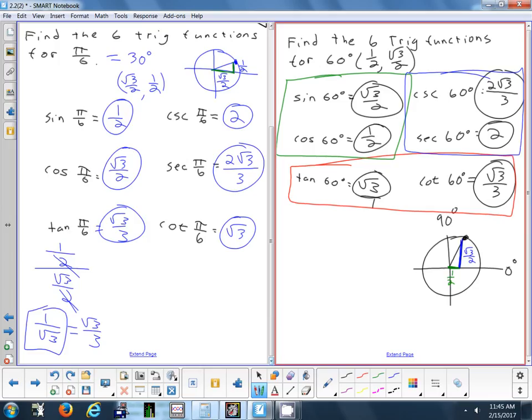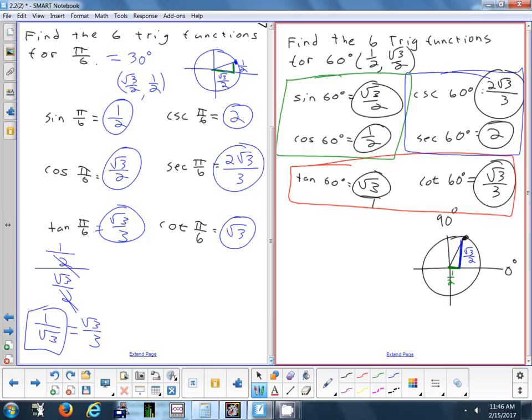There's a pattern. Let me say it again. So tangent, cotangent, sine, cosine, secant, cosecant. Nobody sees that pattern? And just how was I pronouncing them?